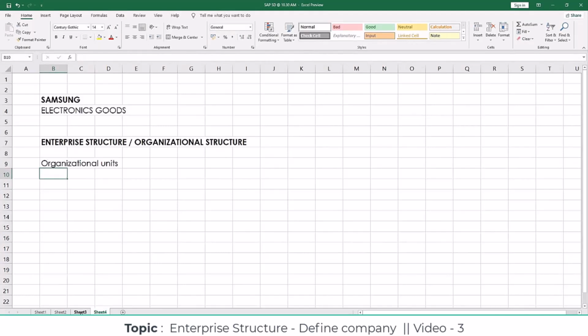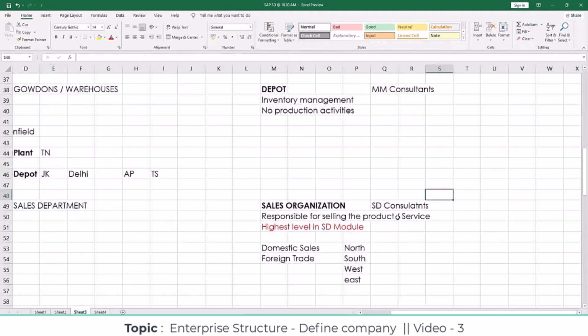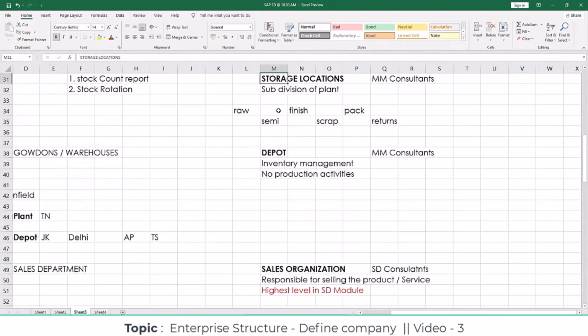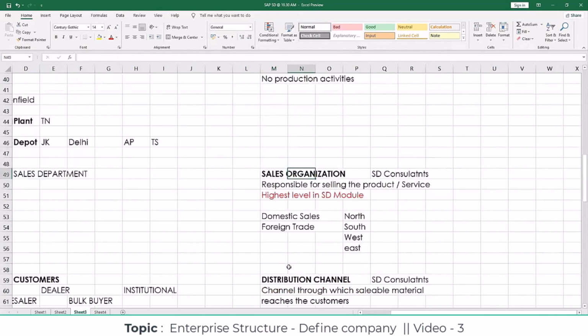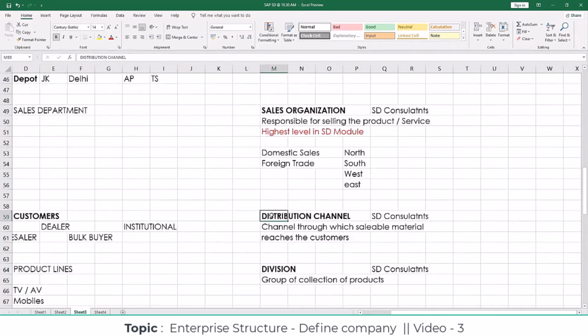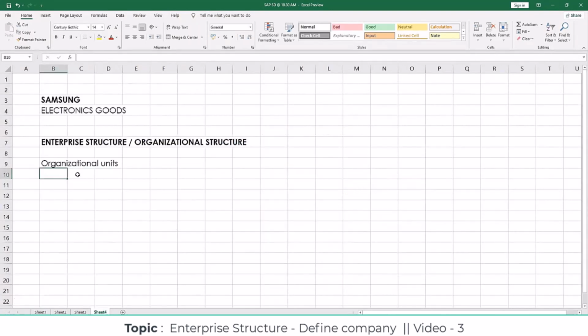What all things we have discussed till now, the storage locations, depots, sales stock, these are all going to be addressed as organizational units. So we need to create all those organizational units in SAP and then only start recording the transactions. I'm just trying to start doing the configuration from financial accounting.